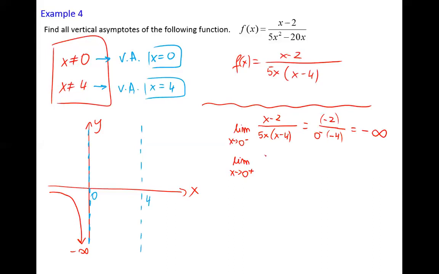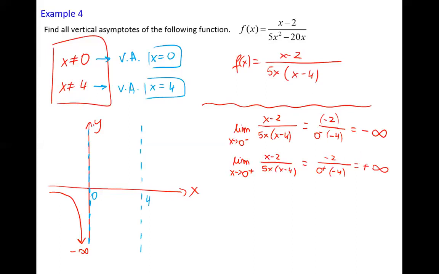this is the right hand side, x minus 2 over 5x times x minus 4. This will give me negative again. This will be positive 0, because on the right hand side at 0 we have a positive number, and 0 minus 4 is still negative. Dividing by almost 0, we're getting a big number, but now negative over negative is positive, and another positive.